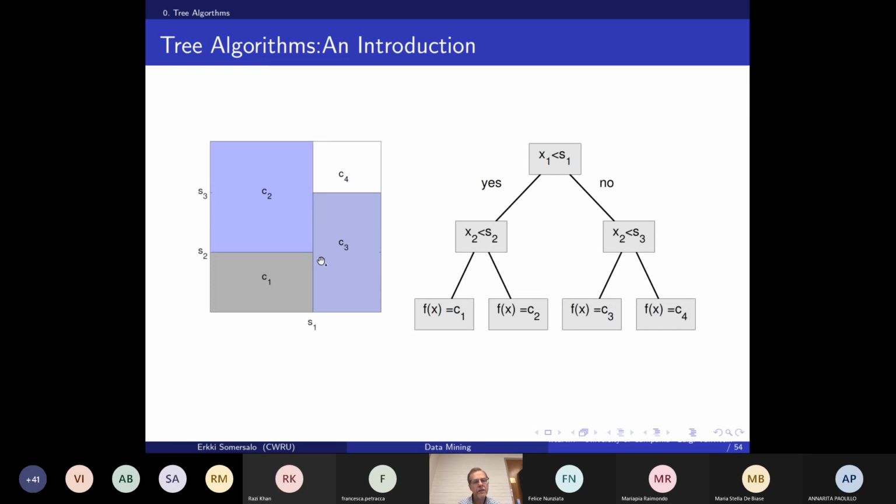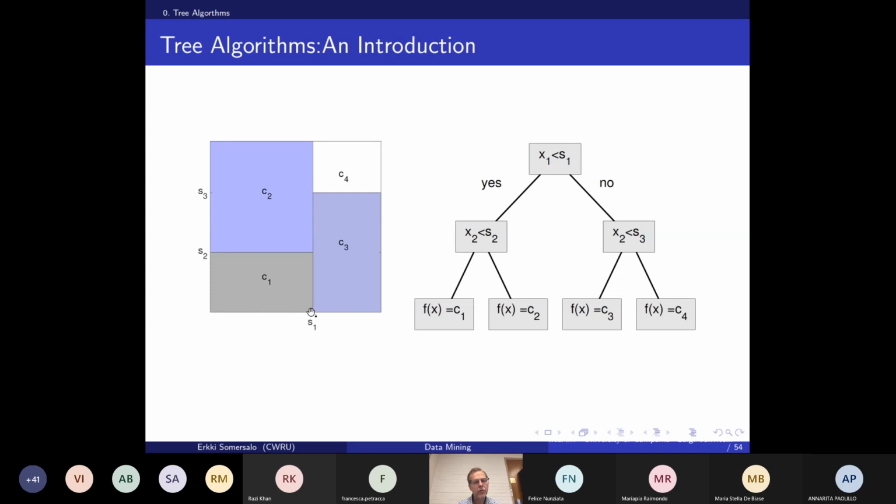If the answer is yes, you place your patient to the left field of this rectangle. If the answer is no, you place your patient to the right field. Now suppose you are placing the patient to the left field, so your X1 was less than S1. So we are in the domain where X1 is less than S1.